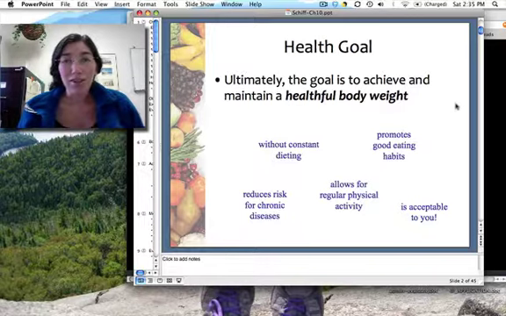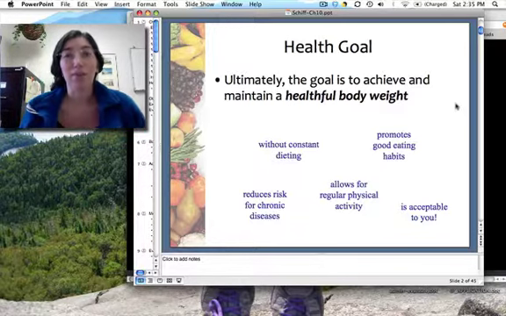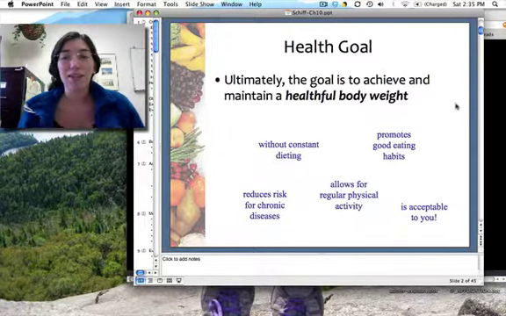The nutritional goal with your diet should ultimately be to achieve and also to maintain a healthful body weight. Now, what exactly is a healthful body weight?